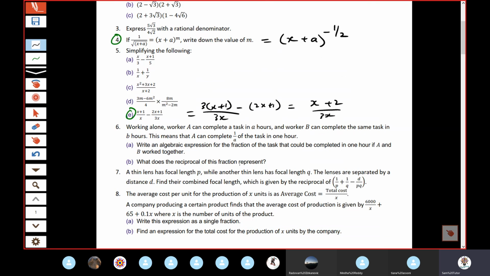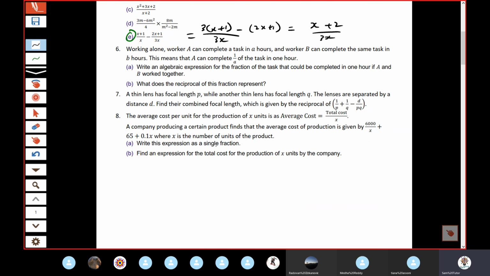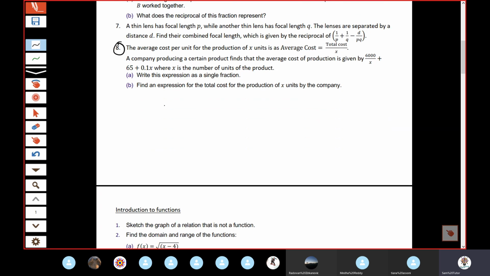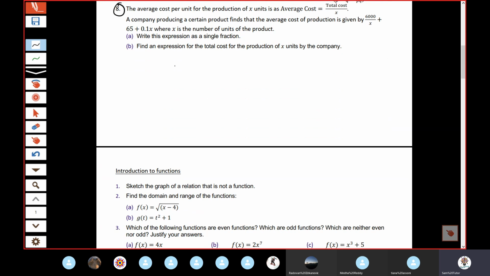Okay, let's do 8. Let's do it. Average cost per unit for the production of X units is as average cost equals total cost on X. So a company producing a certain product finds that the average cost of production is given by 6,000 on X plus 65 plus 0.1X, where X is the number of units.